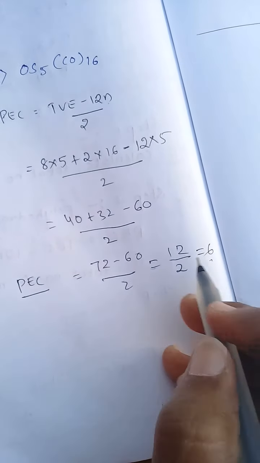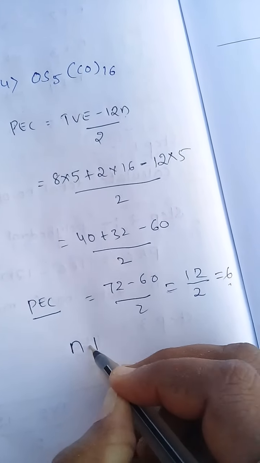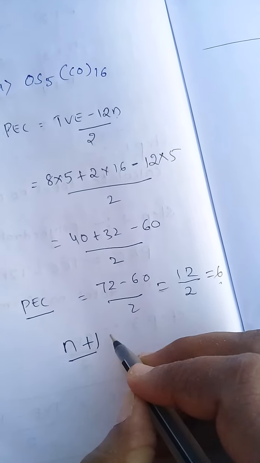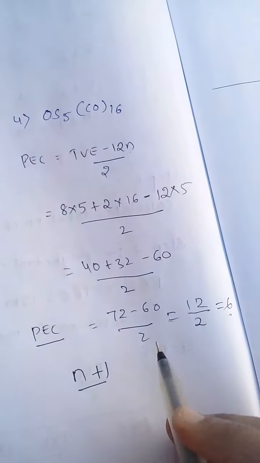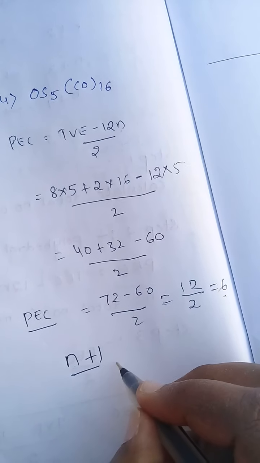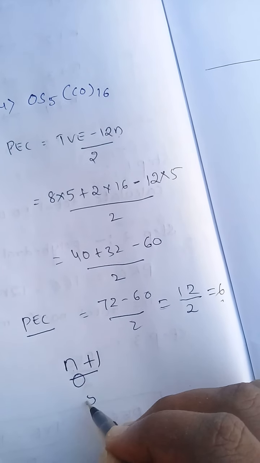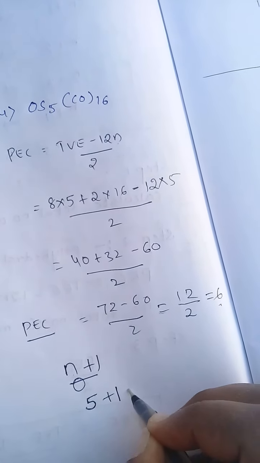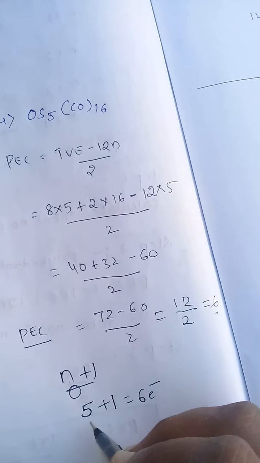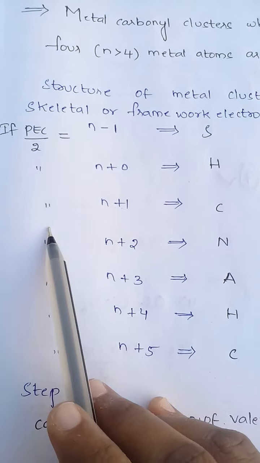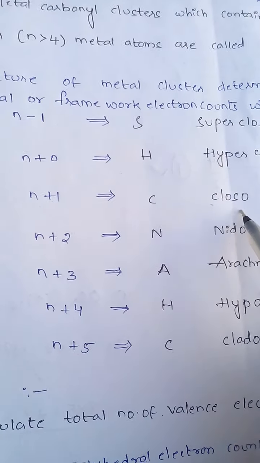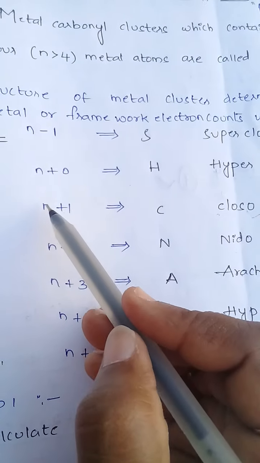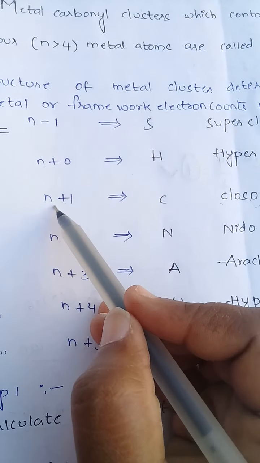By getting 6, we can add n plus 1. n equal to 5 metal atoms. So osmium, how many osmiums are having? 5. So in the n place we are adding 5 plus 1 equal to 6. So if polyhedral electron count by 2 equal to n plus 1 means the structure is closo. Why are we saying n plus 1?